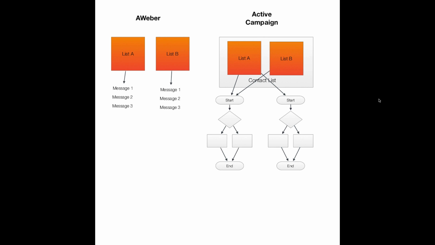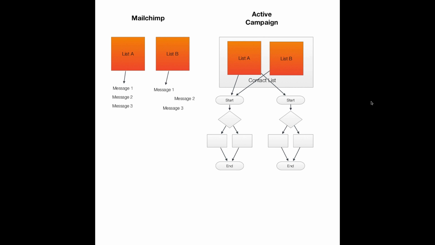So hopefully it's given you a little bit of an overview of the main differences, being that whole thing of a master contact list and lists within that master contact list, and the more subtle nuances of the ActiveCampaign automation. So I look forward to developing that with you in the next video.